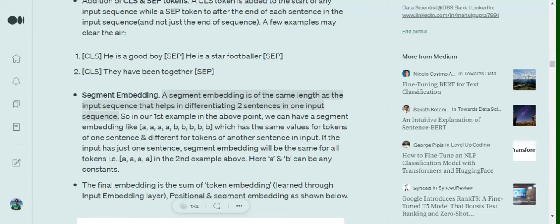This is how a segment embedding is generated. For multiple sentences, the tokens in a particular sentence should have the same value in the segment embedding. So this was an example for He is a good boy, He is a star footballer: A, B. Similarly, if we have three sentences, it would be A, B, C, just to represent that these are different sentences.